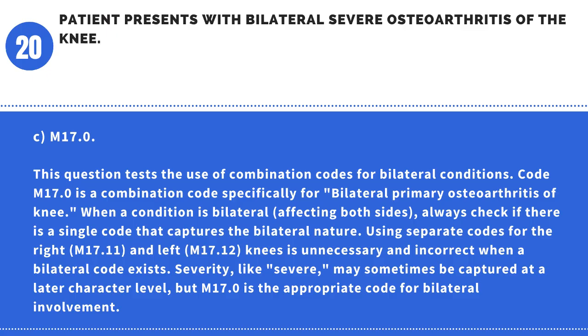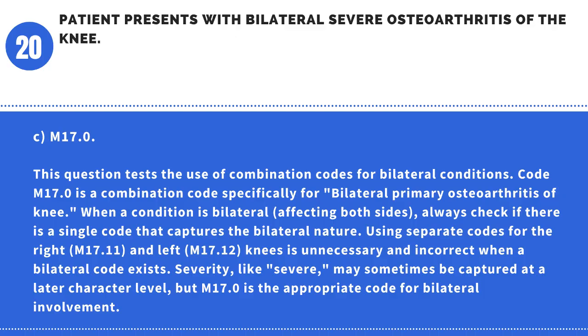Code M17.0 is a combination code specifically for bilateral primary osteoarthritis of knee. When a condition is bilateral, affecting both sides, always check if there is a single code that captures the bilateral nature. Using separate codes for the right, M17.11, and left, M17.12, knees is unnecessary and incorrect when a bilateral code exists.